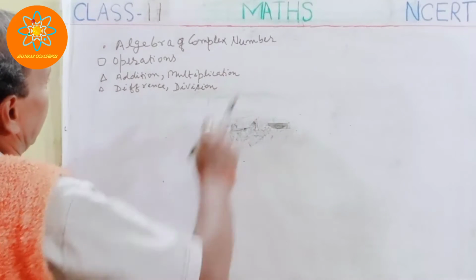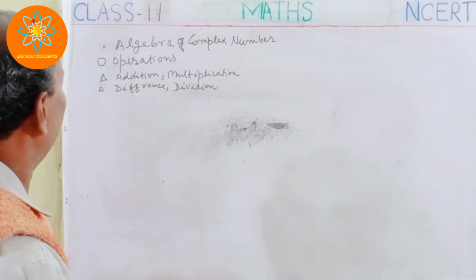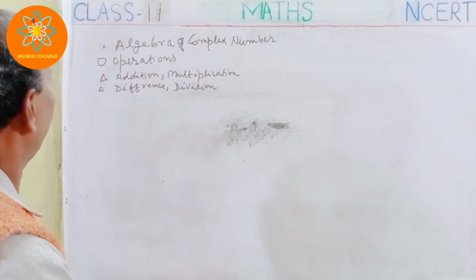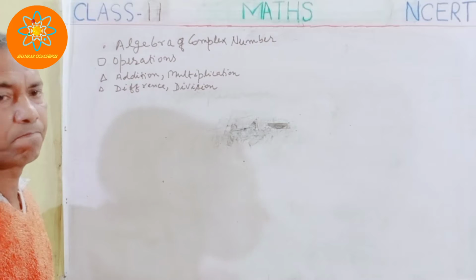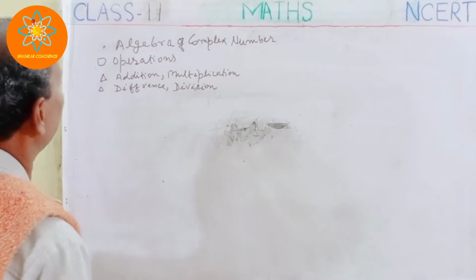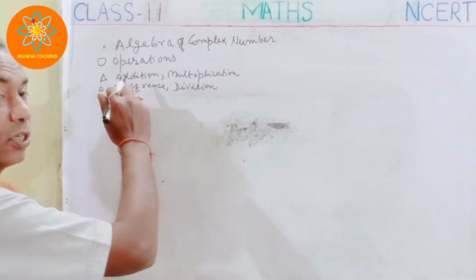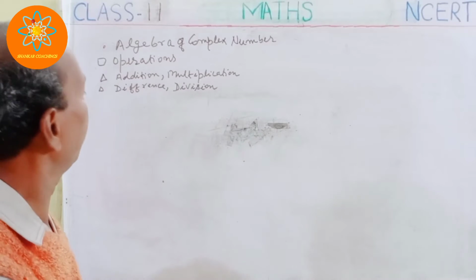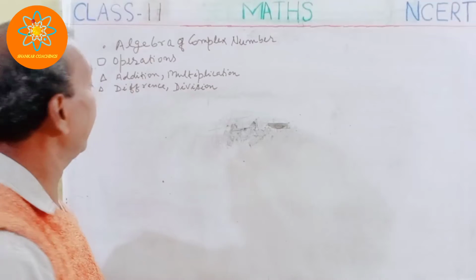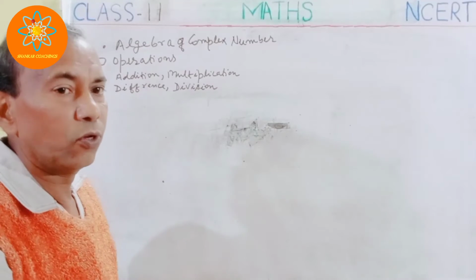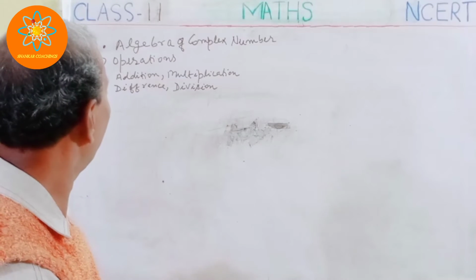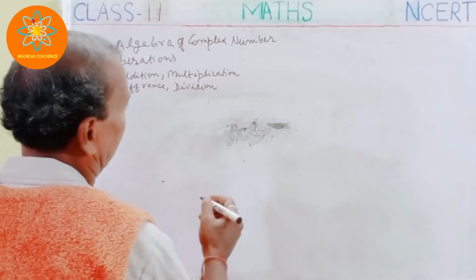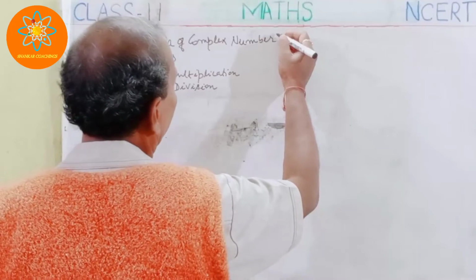Now we will see the algebra of complex numbers. In the algebra of complex numbers, we will discuss first the operations. In the operations, we will discuss four things: addition, multiplication, difference, and then division. Now, first of all, I will take the addition.